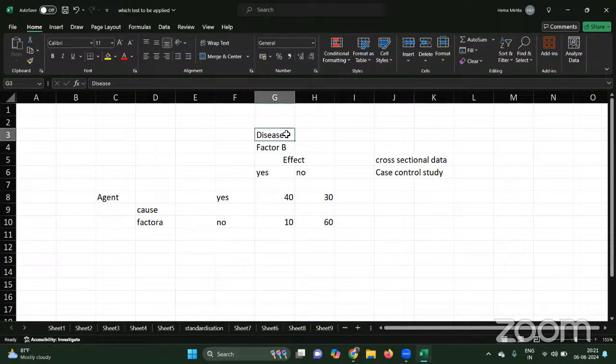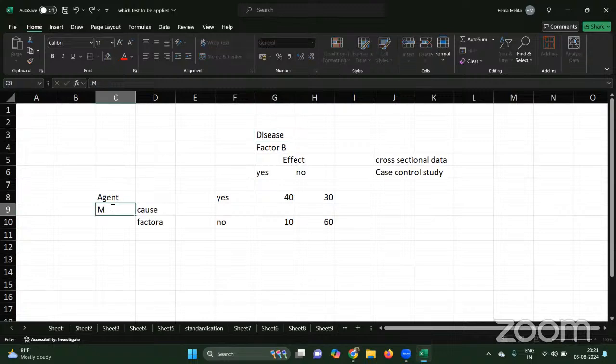In case of joint pain, if you keep it over here, then instead of agent, there will be multiple factors over here, like lack of exercise, and then diet, sleep disturbance, so many things.